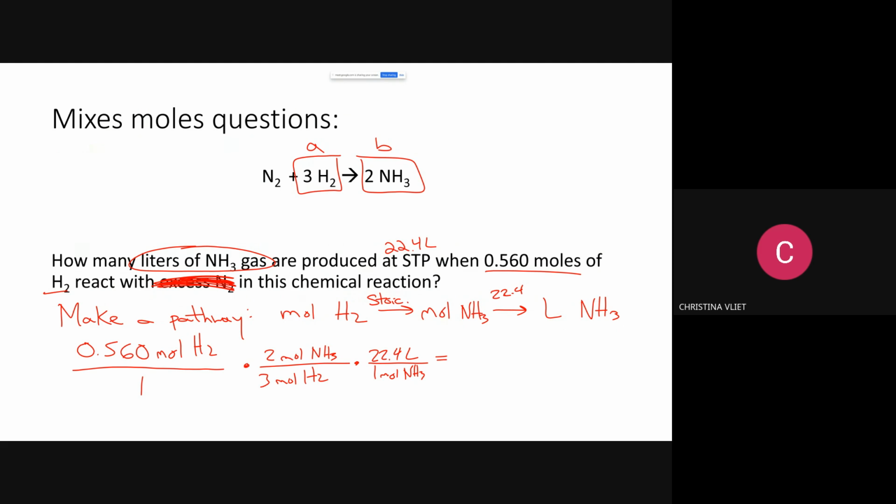Multiply and divide: 0.560 times 2 times 22.4, divided by 3. I get 8.36 liters NH3. And what would be the alternate way to solve? You can do the stoichiometry first, if you prefer this, and get the answer to the stoichiometry.